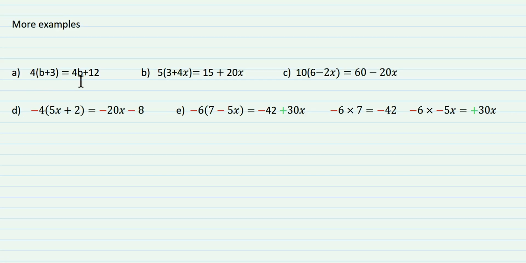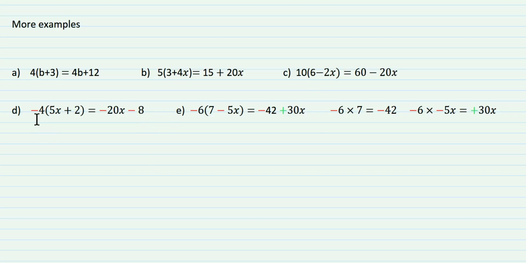So this will be 4b, and 4 times 3 is 12. Okay, and this will be 5 times 3, which is 15, and 5 times 4 is 20x. Okay, 10 times 6 is 60, and 10 times minus 2x, 10 times 2 is going to be minus 20x. The sign is negative because you were multiplying positive 10 by negative 2.